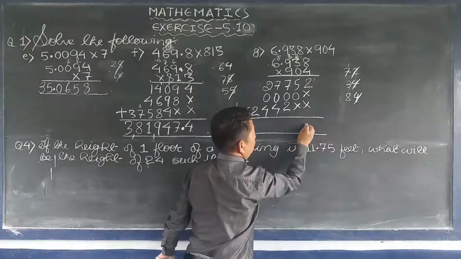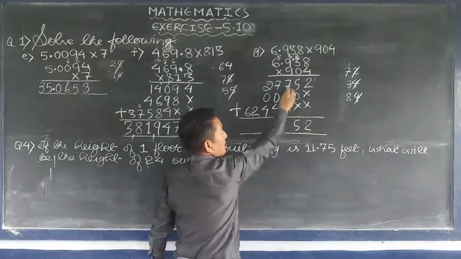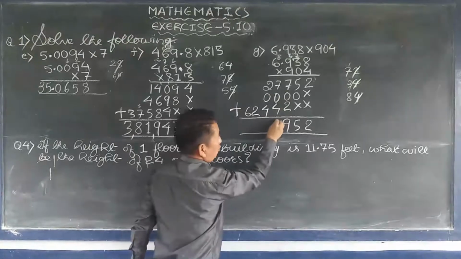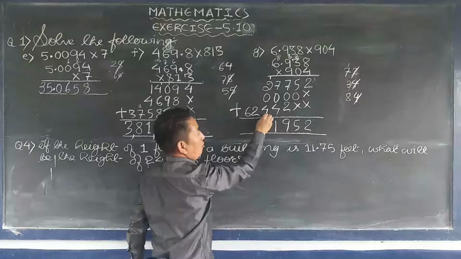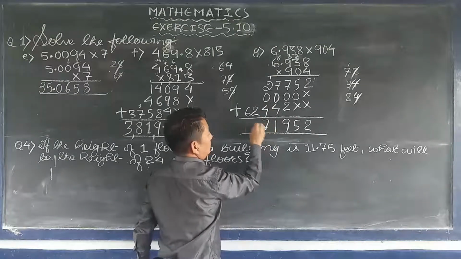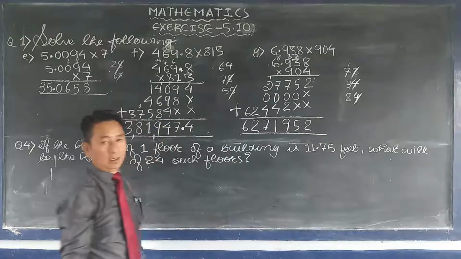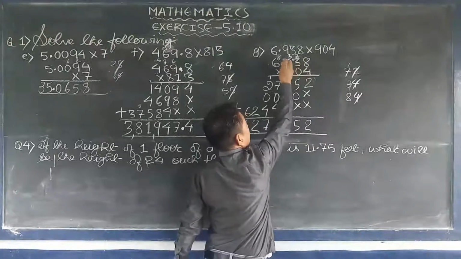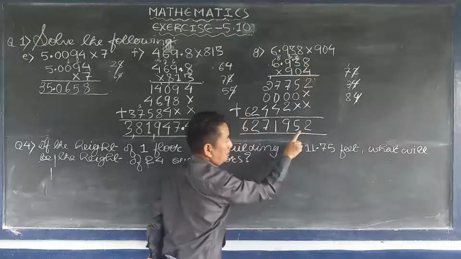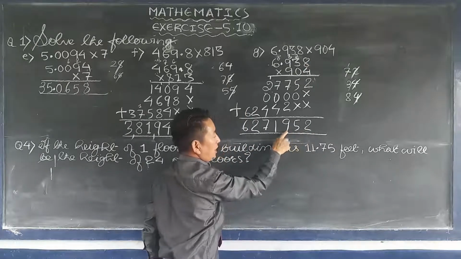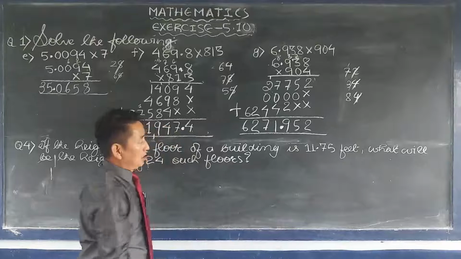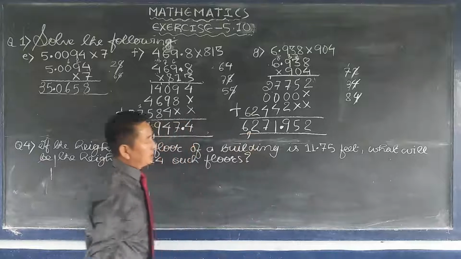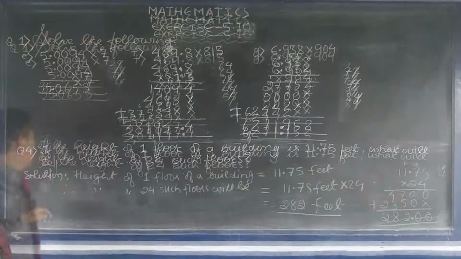Straight 2, 5, 7 plus 2, 9. 7 plus 4, 11. 1 carry on here. 1, 4, 5, 6, 7. This is 2. Then 6. We'll count the digits after the decimal point: 1, 2, 3. In the answer also 1, 2, 3. Here is the decimal point. 1 stands 100, 1000, so the answer is 6,271.952.